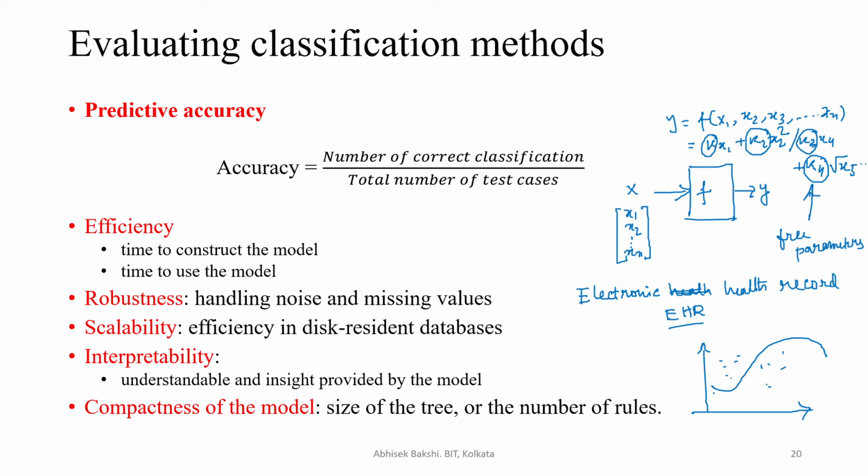This k represents how much above the x-axis, with respect to the y-axis, the points will be. Depending on the different values of k, this curve can become this one or this one.